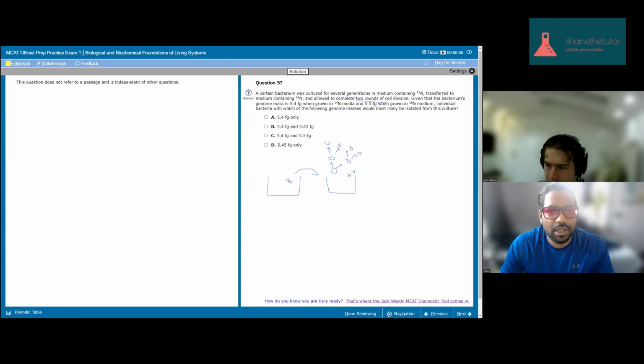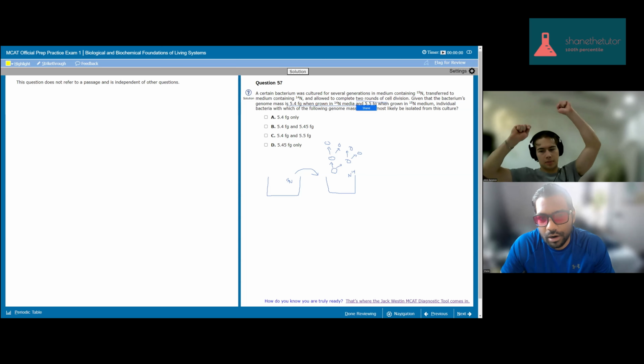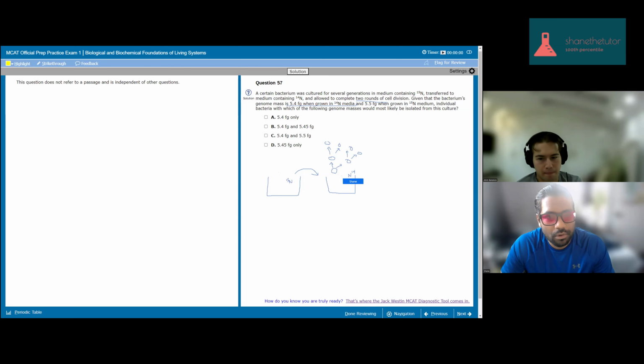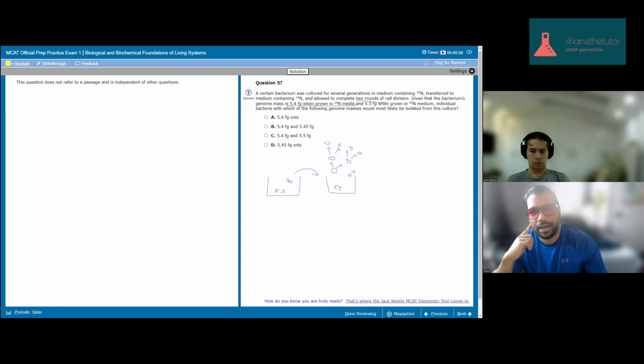So okay, genome's mass. It's 5.4 when it grows in the N14 medium, and 5.5 when grown in the N15 medium. Individual bacteria with which of the following genome masses would be likely to be isolated from this culture?